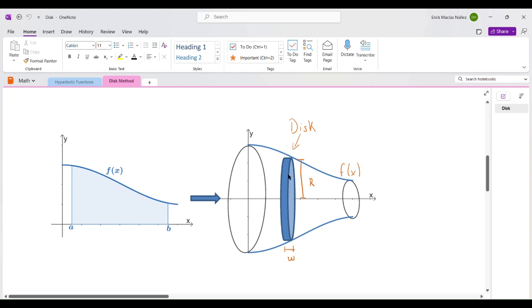This is the same curve f of x, but the whole shape forms kind of like a cone, and the method that we're using involves disks, which is in the same name. Each disk will be part of the shape, but you want to first focus on one disk. You want to know the width and the radius, which is the formula that we will be using.